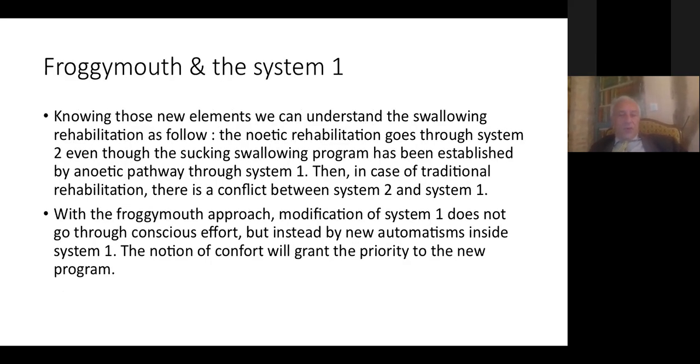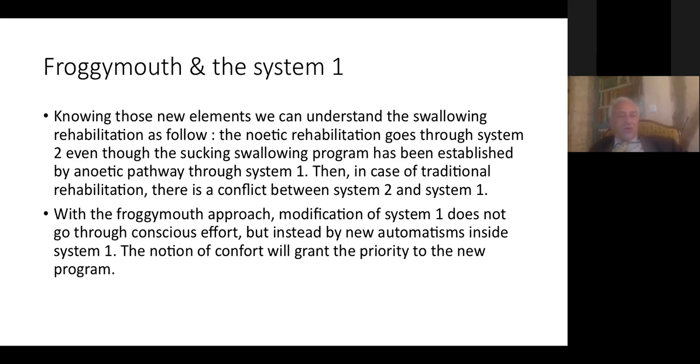If you compare Froggymouth with this system 1, system 2, we can say when you are a fetus, the first sucking deglutition program was led by system 1.